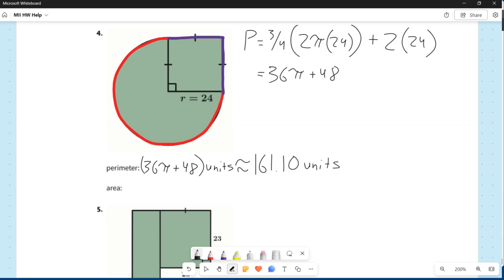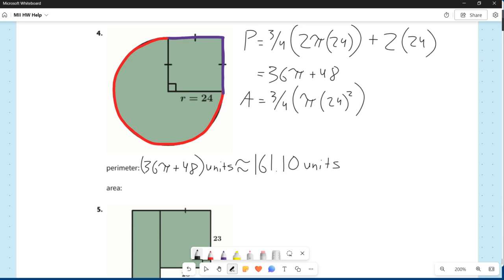Now for the area. For the area, we're going to do something similar: we take the area of the 3/4 circle and add the area of the square, and that's going to be our total area. For the area of the 3/4 circle, it's 3/4 of our formula for area, pi r squared. So we get pi times 24 squared.